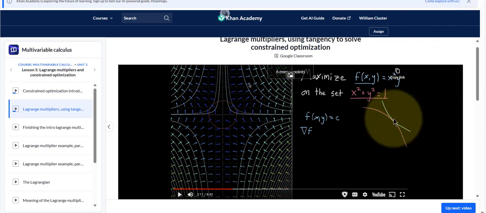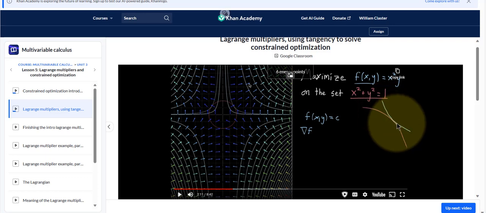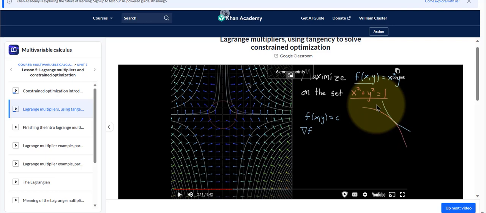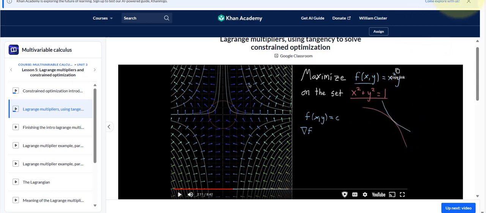So that's a nicer way to rephrase what Lagrange said, or what he saw, which is that the tangent lines are the same, or the slopes are the same, or the normals are the same, or actually more carefully, that one is a multiple of the other one.